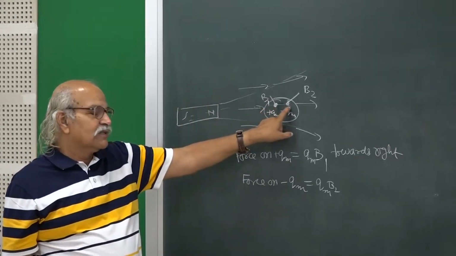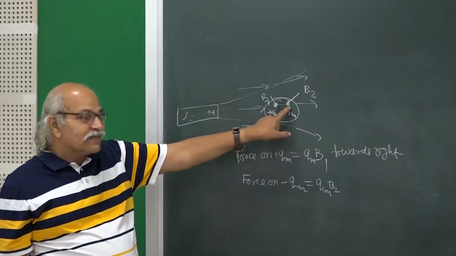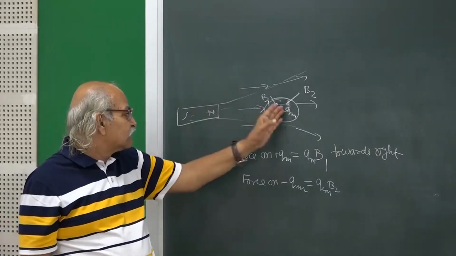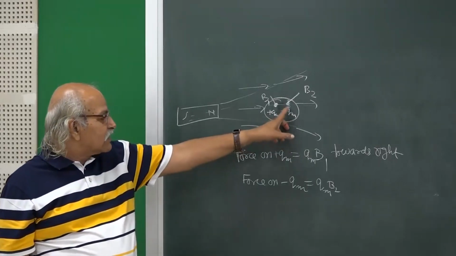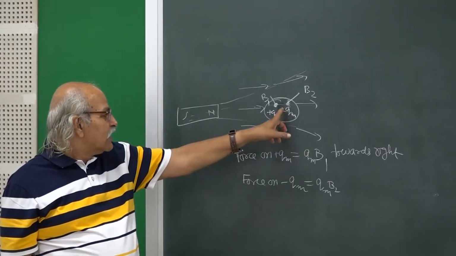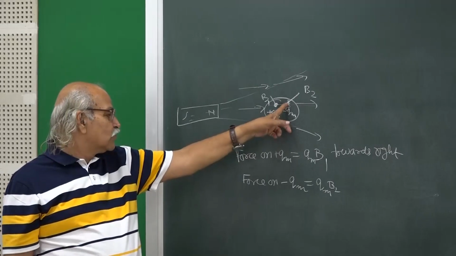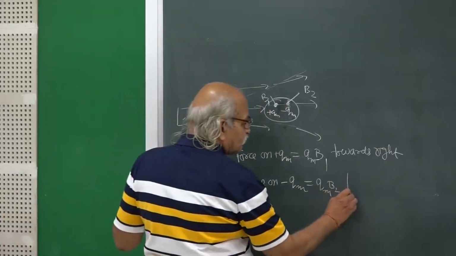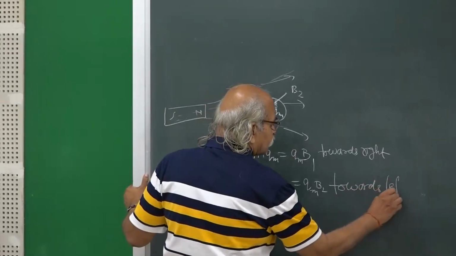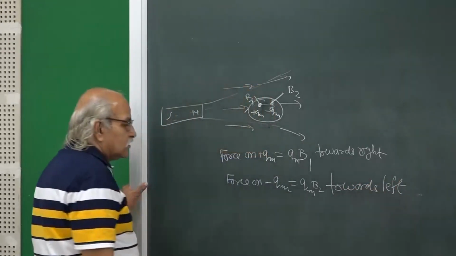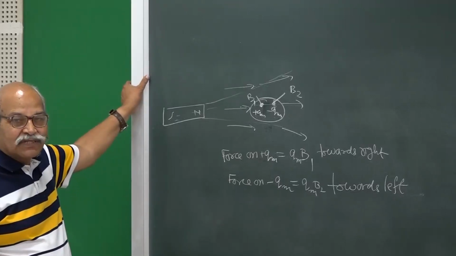This B2 is smaller, farther away from the magnet. And it is a negative magnetic charge that we have assumed, and therefore, the force is towards left.